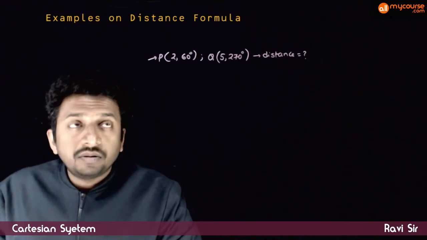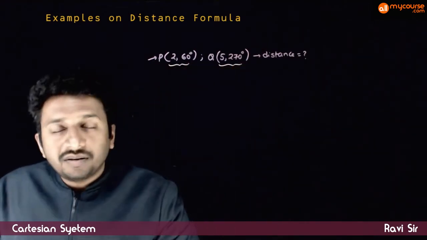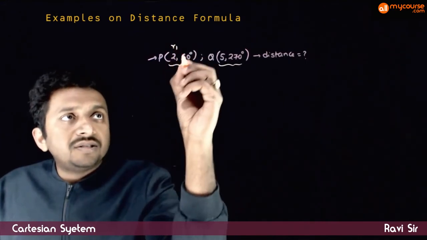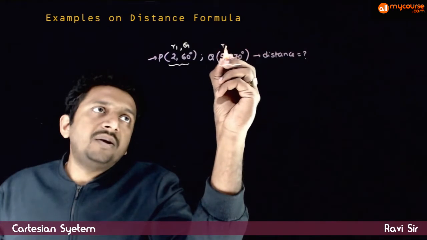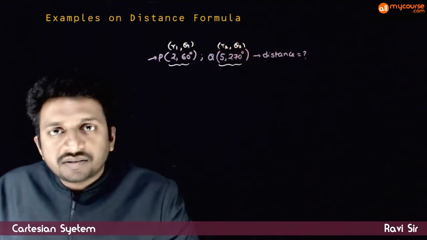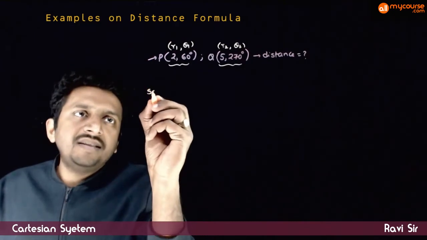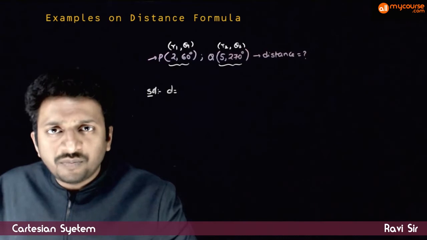In this question, you're given the polar coordinates of 2 points. R1 is 2, theta 1 is 60 degrees. R2 is 5, theta 2 is 270 degrees. So you're asked to find the distance between these 2 points. So let us use the direct formula.